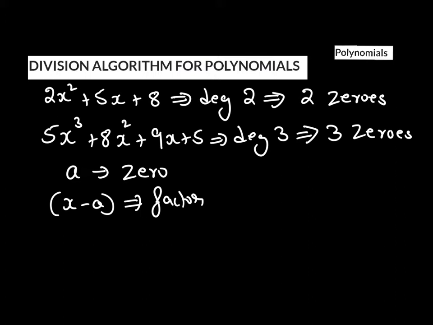Now the question is, let's take a cubic polynomial. If we have 1 zero of the polynomial, can we find the other 2 zeros? Yes. But how do we go about finding the other 2 zeros? We will see it by taking one example.